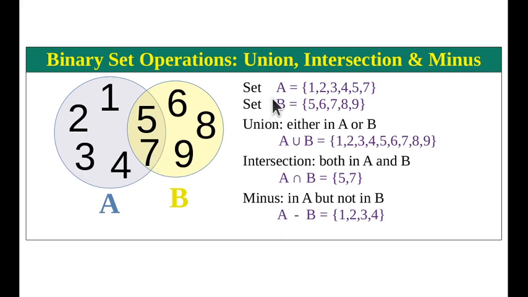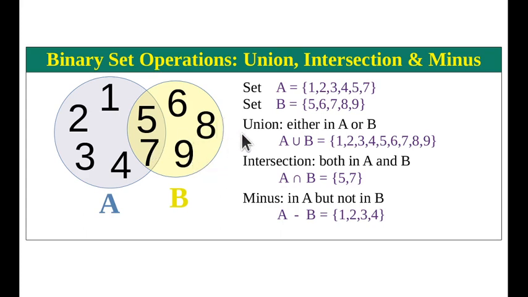We write it like this: set A is equal to, within curly braces, 1, 2, 3, 4, 5, 7. Similarly, set B we have defined with the elements 5, 6, 7, 8 and 9. In the picture also we can see within the set B the elements are 5, 6, 7, 8 and 9.